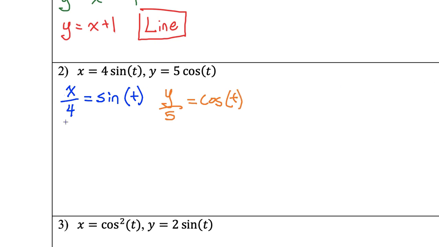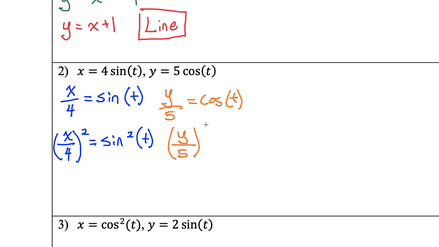From there, I'm going to square both sides, so it's going to be x over 4 quantity squared is equal to sine squared of t, and then over here we have y over 5 quantity squared is equal to cosine squared of t.